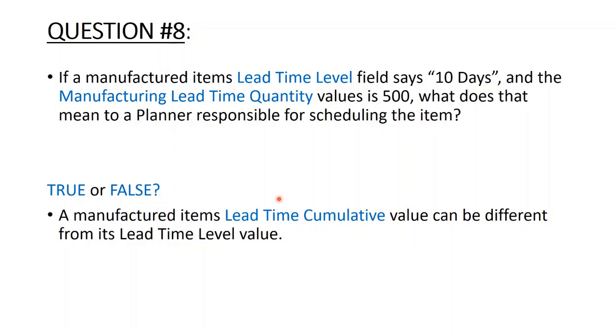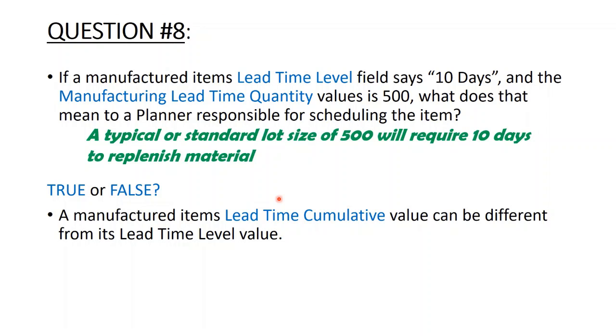Next question. If a manufactured item's lead time level field says 10 days and the manufacturing lead time quantity value is 500, what does that mean to a planner responsible for scheduling the item? If you said a typical or standard lot size of 500 will require 10 days to replenish material, give yourself a point.